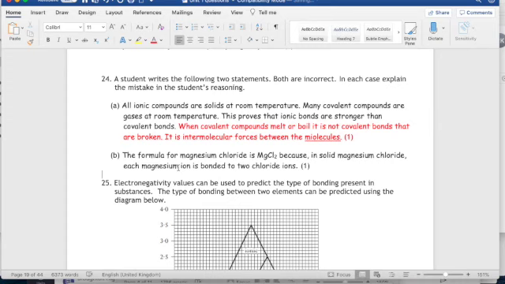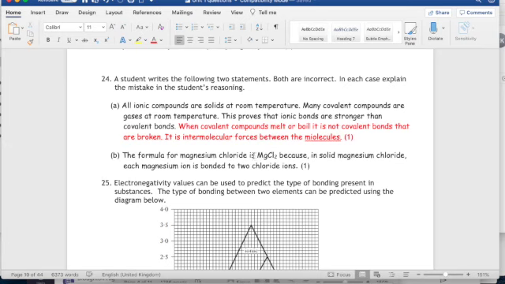Because in solid magnesium chloride, each magnesium ion is bonded to 2 chloride ions. Now that is not the case. That would be the case if it was a covalent molecule, but it is not the case in an ionic substance. In ionic substances, the chemical formula tells us the ratio of metal ions to non-metal ions.